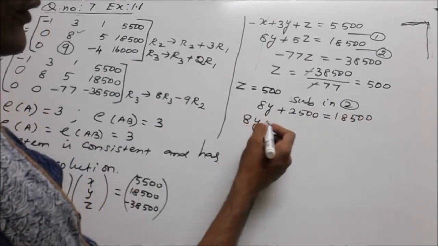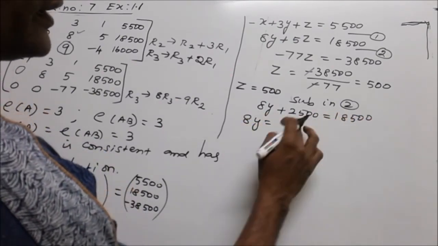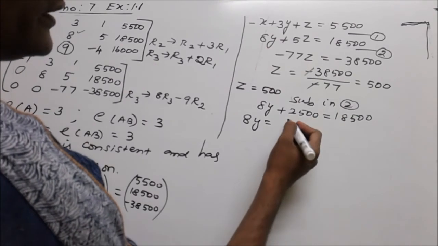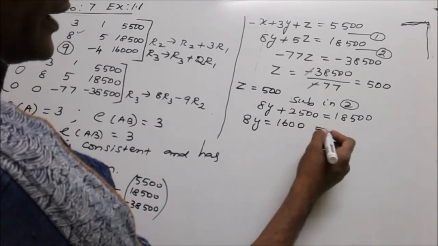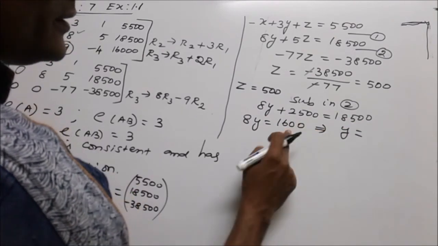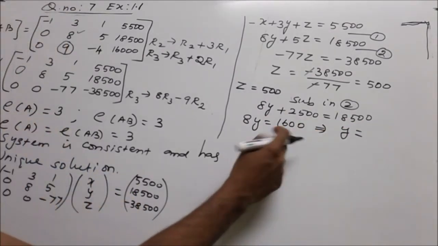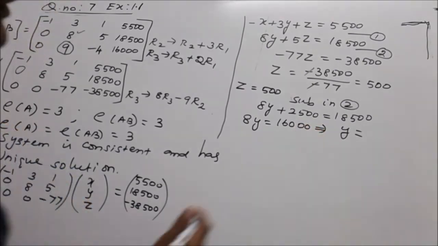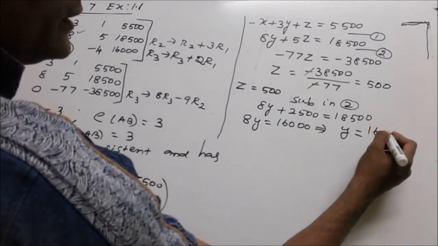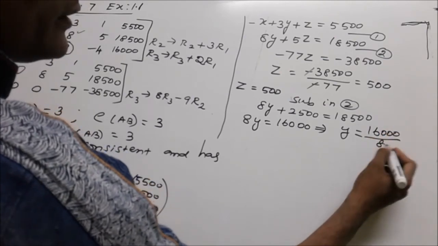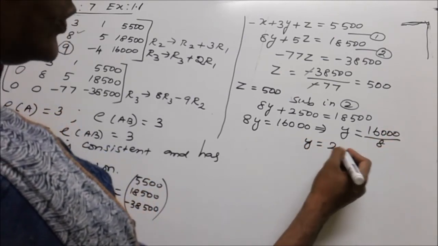Now 8y equal to 18,500 minus 2,500, that is equal to 16,000, which implies y equal to 16,000 divided by 8. Therefore y equal to 2,000.